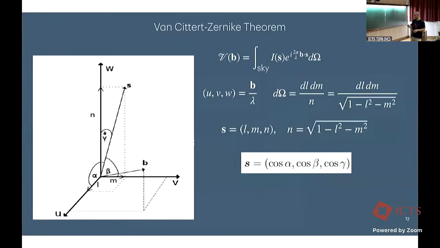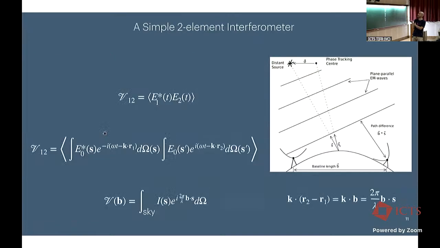So these are then the UVW coordinates. We have U, V, and W. U typically points towards the east, V points towards north, and W points in the direction of our source. So W is the same direction as s naught here.